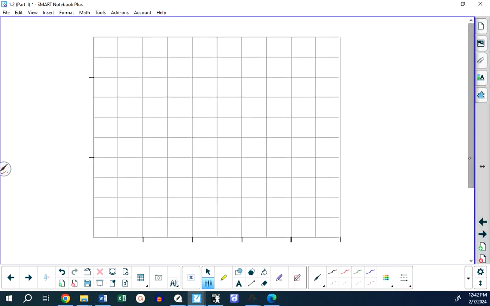What's the dependent variable? The mass, the grams, because it depends on how many marbles there are. Where do we put the dependent variable, Daniel? On the y-axis, or the vertical axis. So this is going to be, let's use capital M for mass.